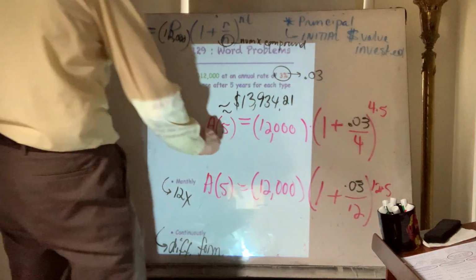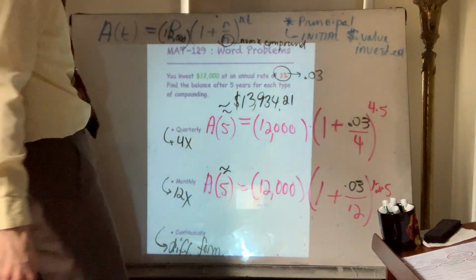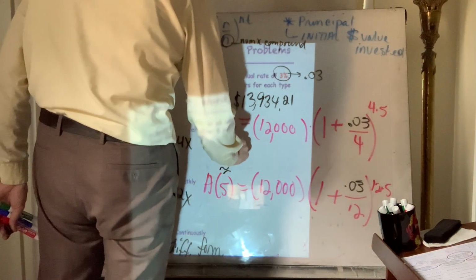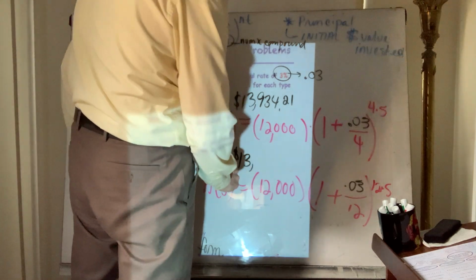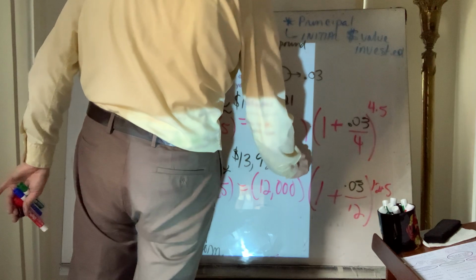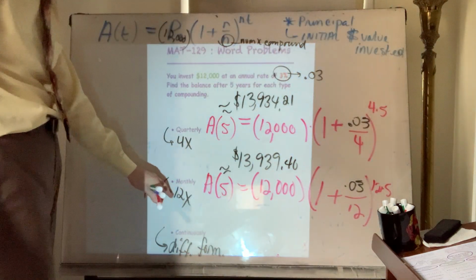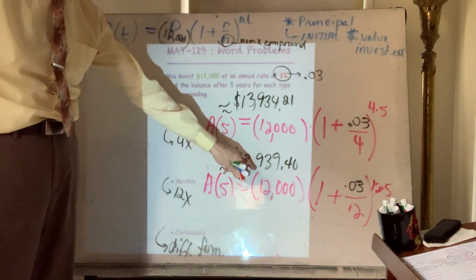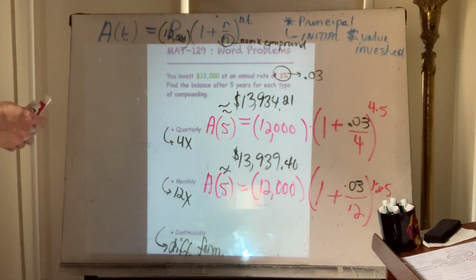And if it was compounded 12 times a year, $13,939.40. So you can see that compounding is going to give the person a greater return on their investment.